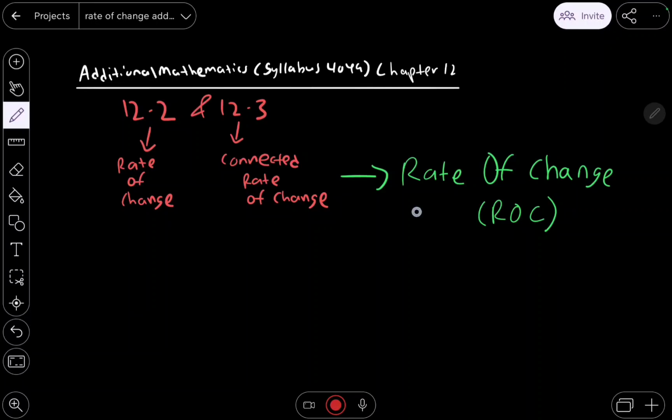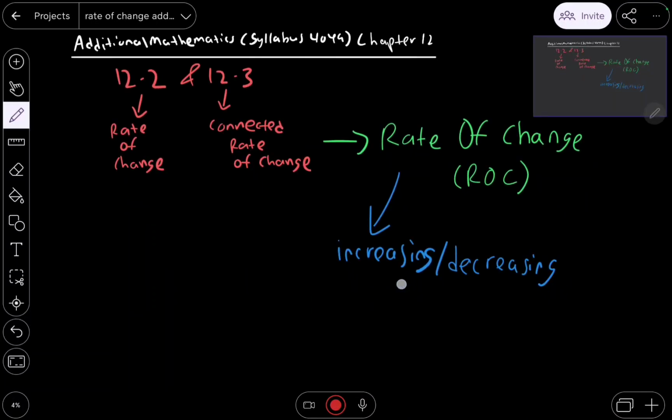So rate of change, I would think about increasing. The word increasing, it can also be the word decreasing. Alright, so when it's increasing or decreasing, I will think about time.